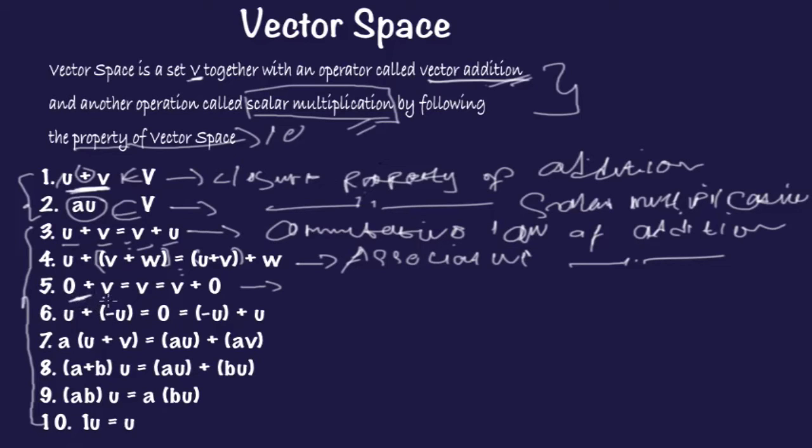If we add any vector with the identity element, the result has to be the vector itself: identity plus v has to be v, or v plus identity has to be v. So we have the existence of the identity element for addition.